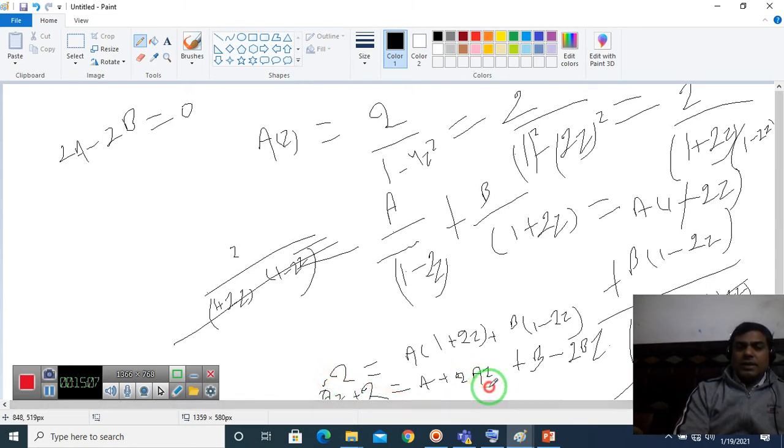So the coefficient of Z is 2a minus 2b equal to 0. You can write plus 0 into Z, and 0 you can add anywhere. The 2 should be cancelled, so a equal to b. From the first equation we got a equal to b.